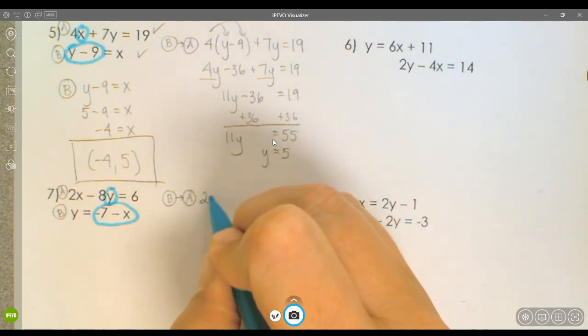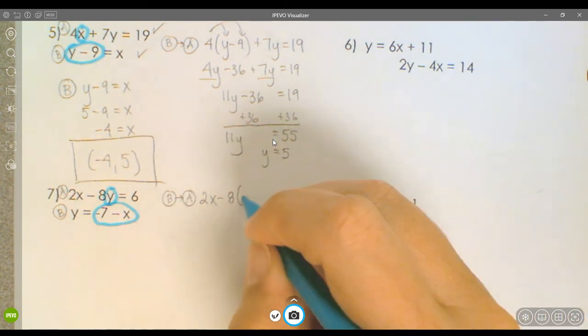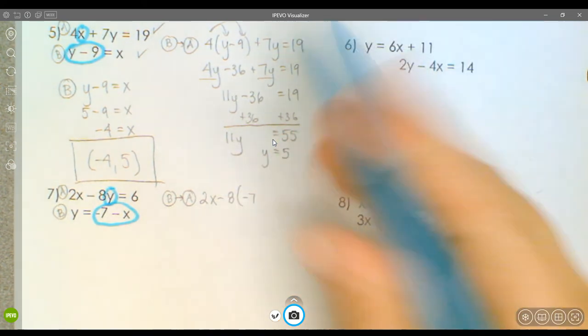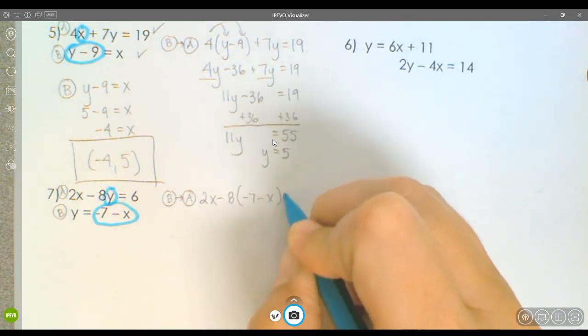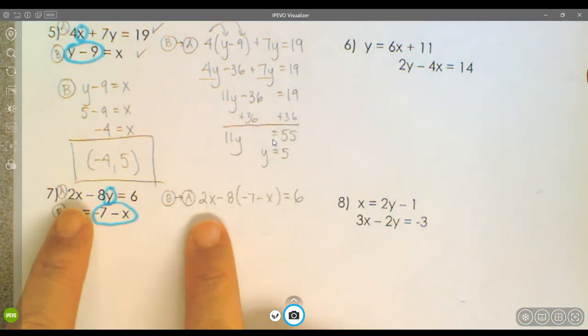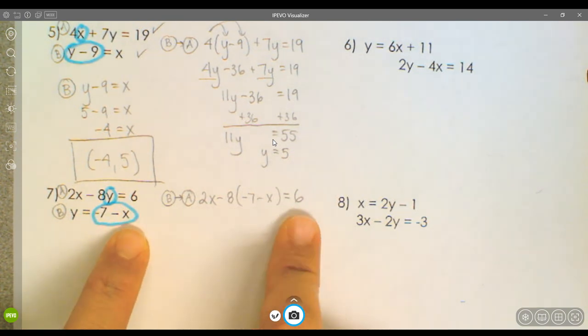I have 2 times x minus 8 times y, minus 8 times negative 7. Oh, whoa there. My bad. Negative 7 minus x. That equals 6. Let me double check because when I make a mistake, I get nervous. 2x minus 8y equals 6. All right.